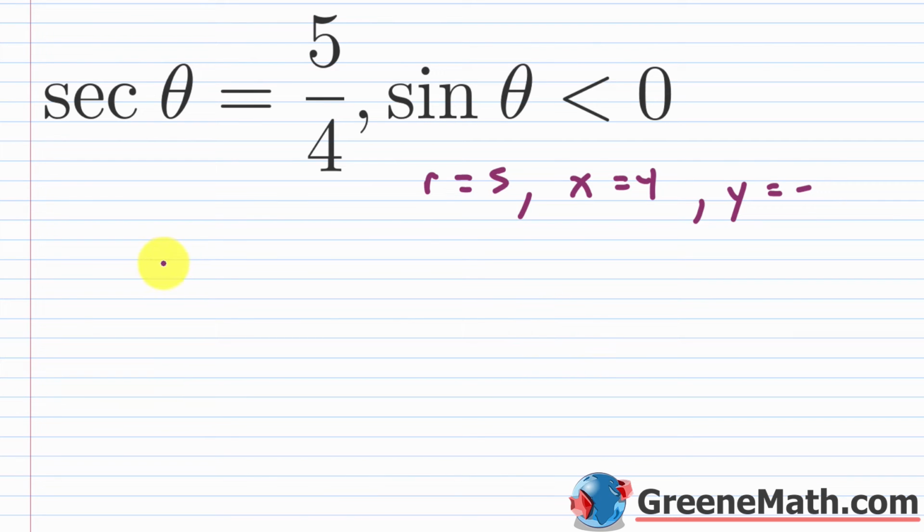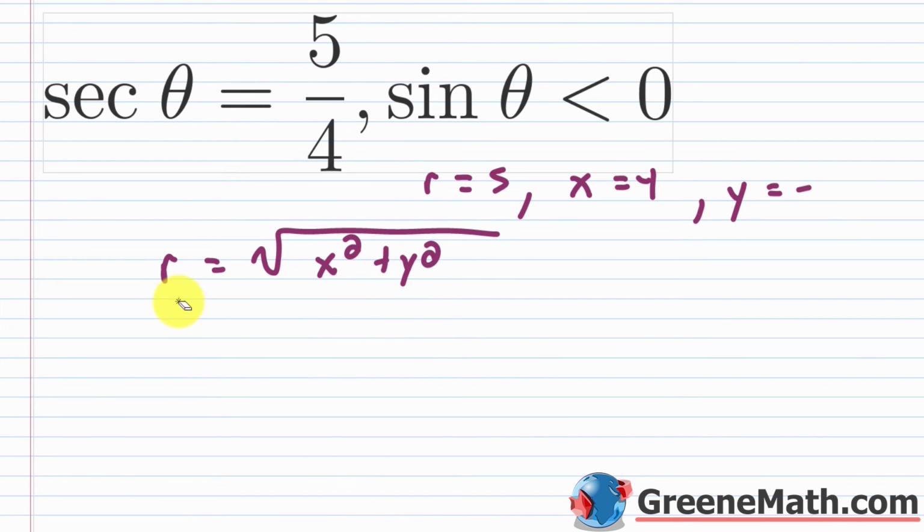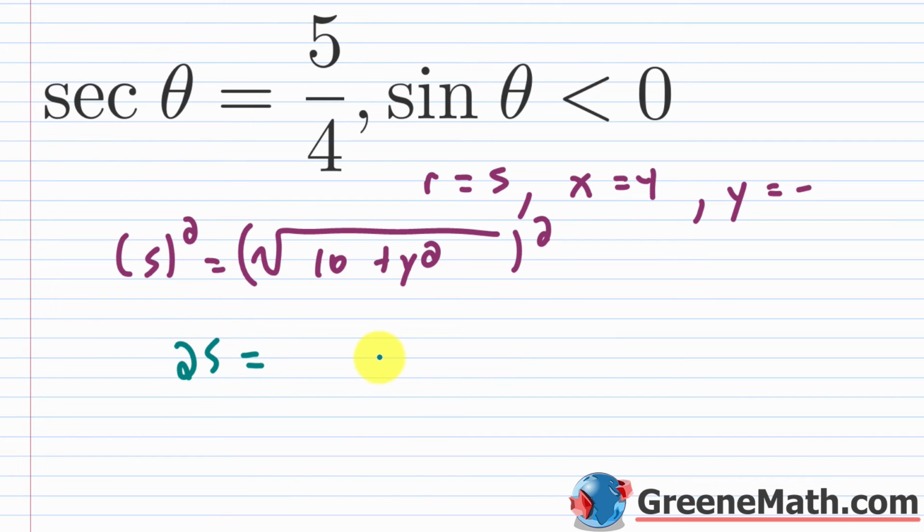We would want to say that r is equal to the square root of x squared plus y squared. So r is 5. So let me plug that in there. And x is 4, so 4 squared is 16. Okay, so what you would have here is square both sides. So this would be squared, and this would be squared. And so this would be 25 is equal to, if I square this over here, y squared plus 16.